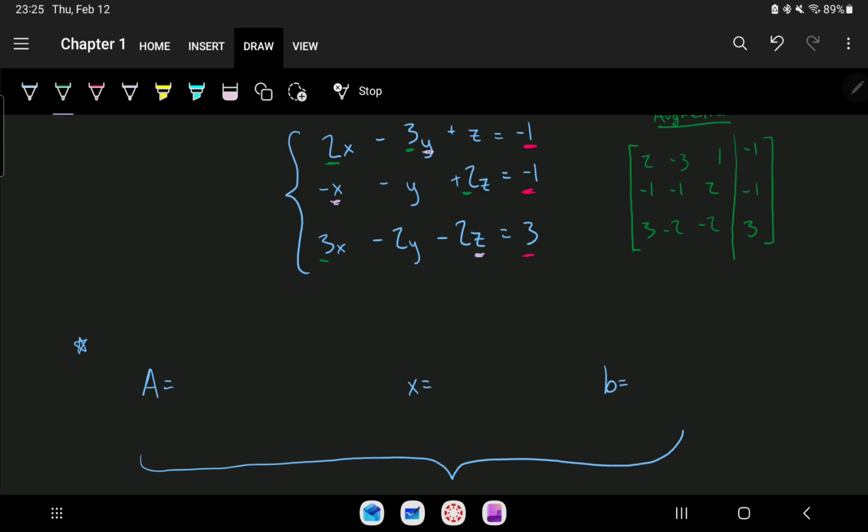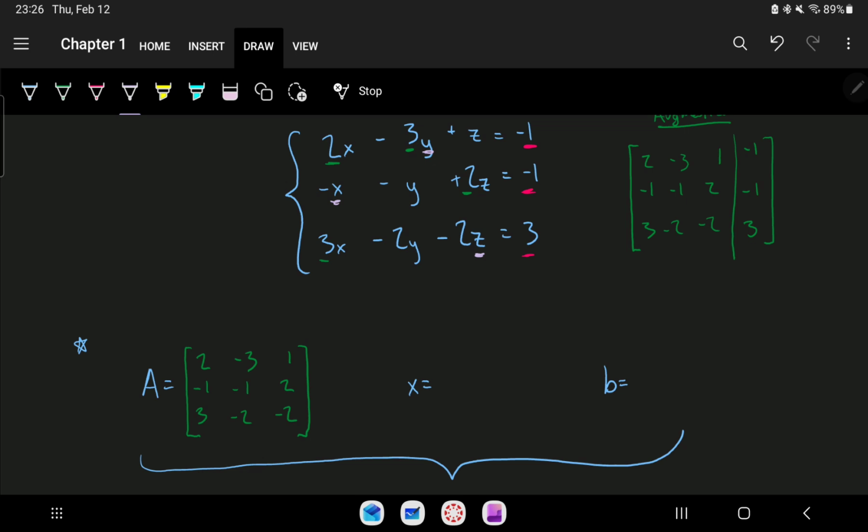So we're going to let A be the coefficient matrix. I'll draw that in green so you see exactly what I'm pulling from this. This one I'm going to write out as the coefficients, just like it would be the left-hand side of an augmented matrix. Now, X is going to be our variable matrix.